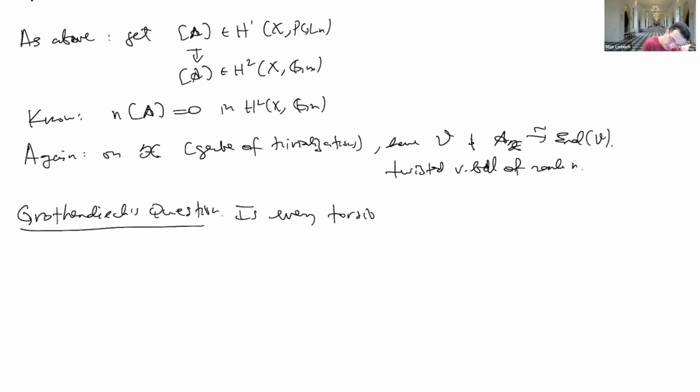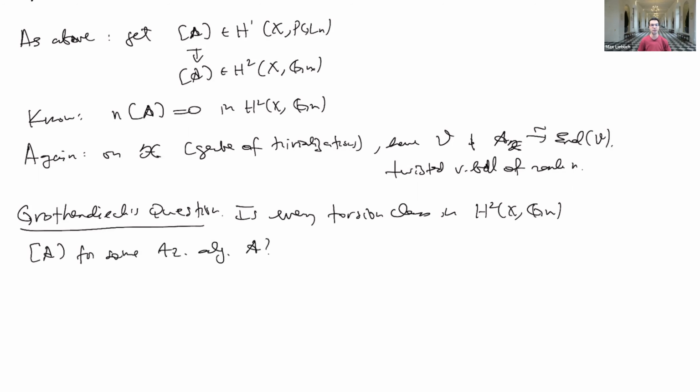Okay, so Grothendieck's question: is every torsion class in H2 of G_m of the form, is every torsion class the class of A for some Azumaya algebra A? All right.